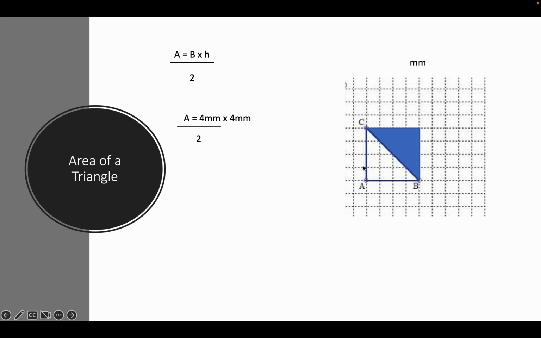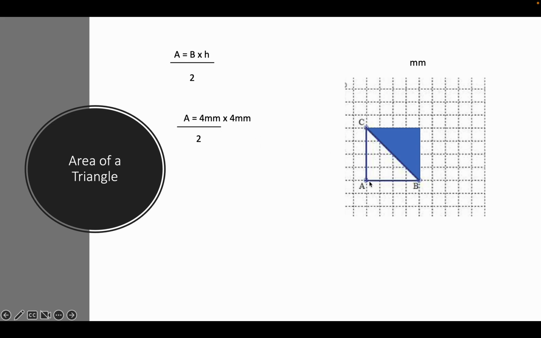So let's say that each box here is 4 millimeters. I would be saying that this is the base, so we're going to go along the bottom, although I suppose I could turn my head to the right and call this the base over here. Let's do that. 1, 2, 3, 4. That would be 4 millimeters here.